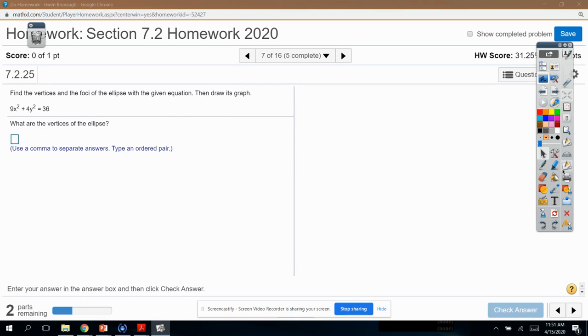Okay, this one they're going to want to know all the pieces. We have to get it equal to 1, so I'm going to divide everything by 36, and that crisscross that I talked about is going to happen. So that's x squared over 4 plus y squared over 9 equals 1. They're asking me for the vertices. The vertices come from the big number.